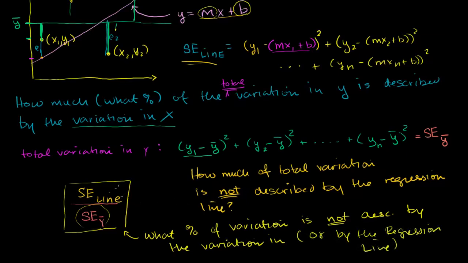So to answer our question, what percentage is described by the variation? Well, the rest of it has to be described by the variation in x. Because our question is, what percentage of the total variation is described by the variation in x? This is the percentage that is not described.